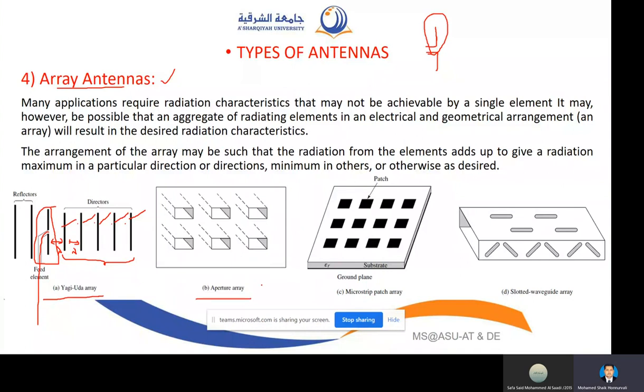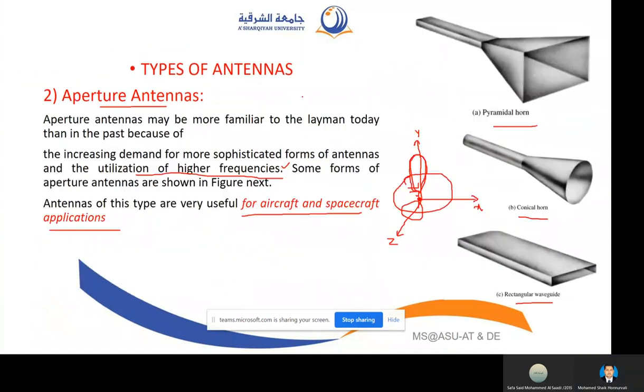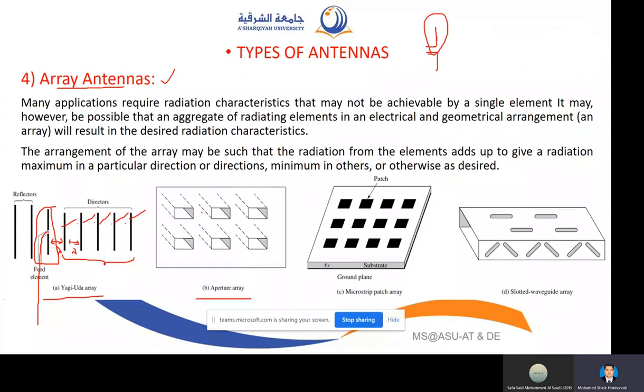This is an array; array means these antennas. We use multiple of them in a single area to increase the radiation characteristics in a particular direction, in only one direction. For example, here we have a 3 coordinate system. Let's say this is my X, Y, and Z.